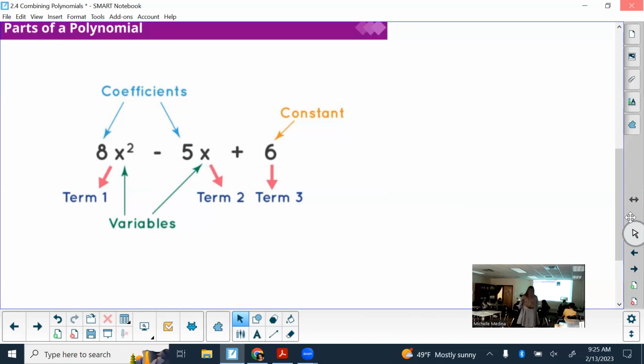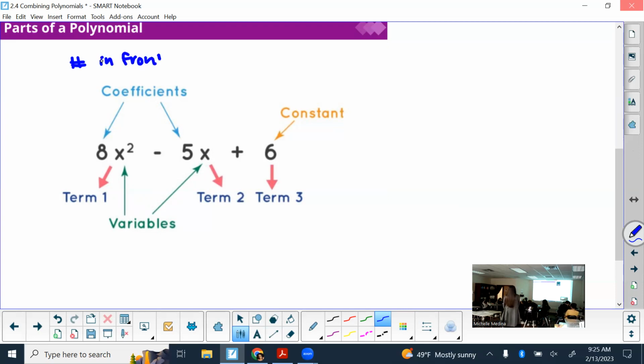So coefficients are the numbers in front of a variable, like 8 and 5 in this example. I would probably add more words if you don't know these by heart. Coefficients are the number in front of a variable. So like in this example, would 6 be a coefficient?